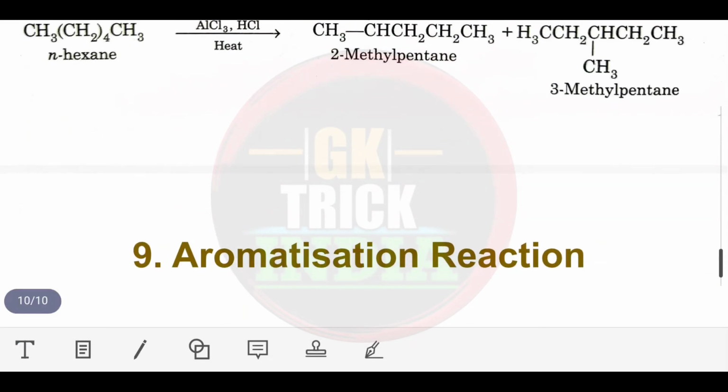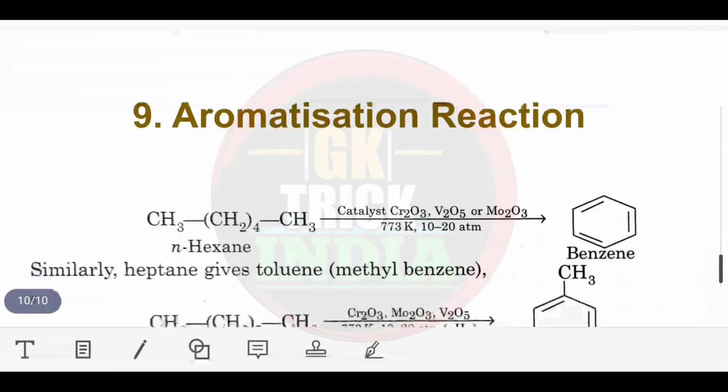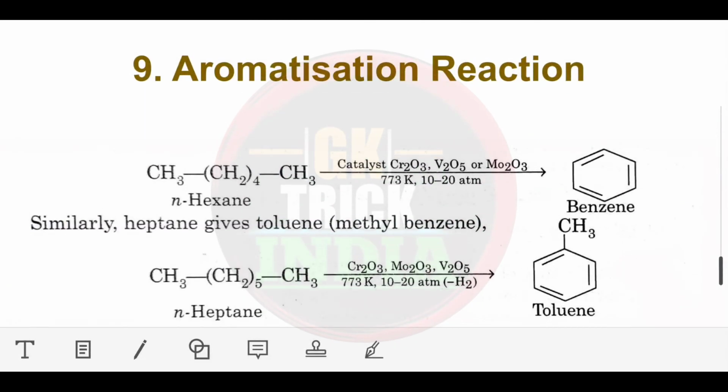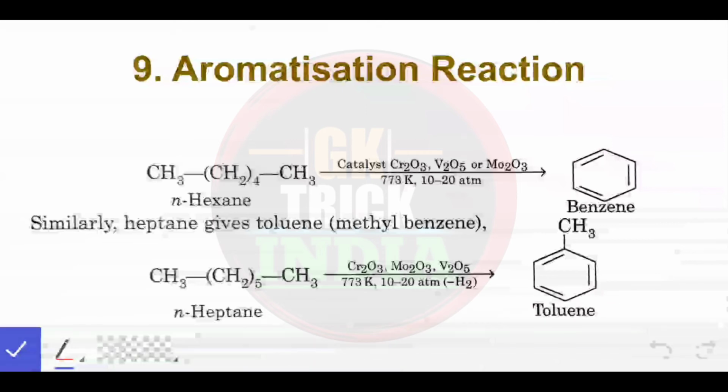Proceeding next is another important reaction. The alkanes containing 6 or more carbon atoms, when heated at about 773 Kelvin under high pressures of 10 to 20 atmosphere in the presence of catalysts like oxides of chromium, molybdenum or vanadium, supported on alumina gel, get converted to aromatic compounds.